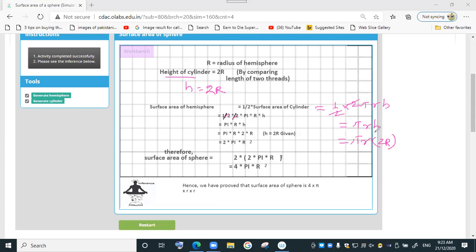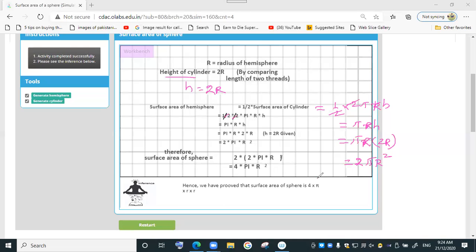This r should be the same, so we take both capital R. So this becomes 2 pi r square, the surface area of the hemisphere.